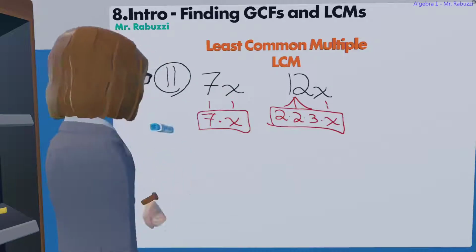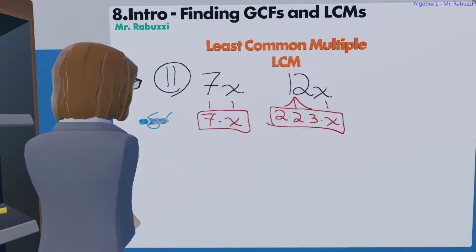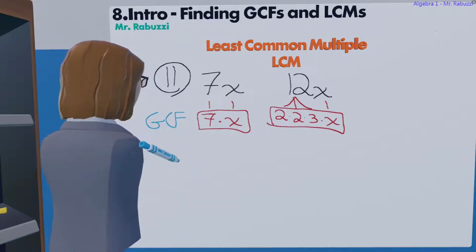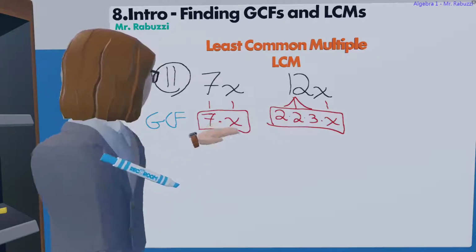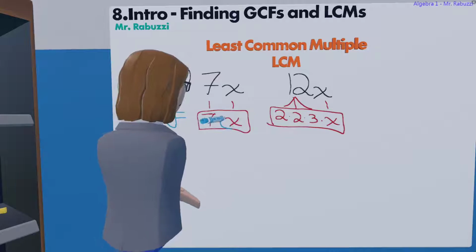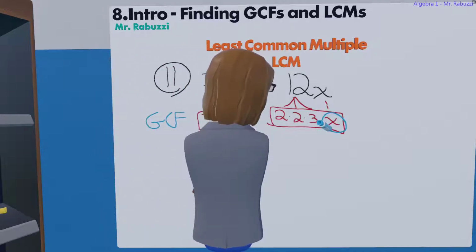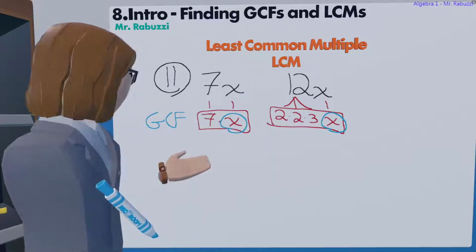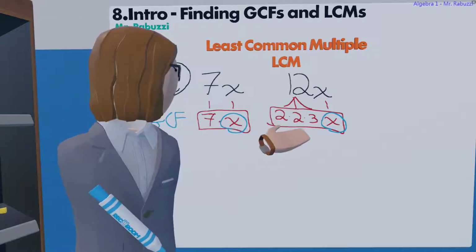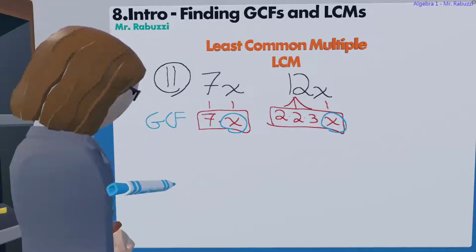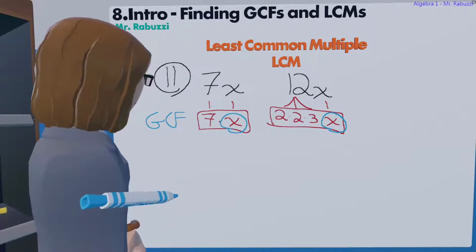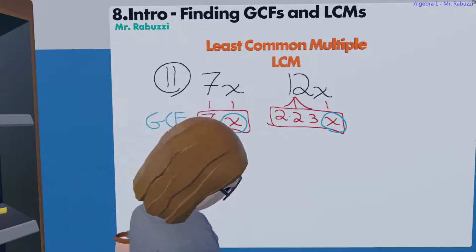Okay, that's our GCF line, so now we want to match the pairs. 7, no matches. x, yeah, there's a match. That means that this 2 and this 3, they don't match anything over here. So they don't have any common factors. So we take all of our factors now.